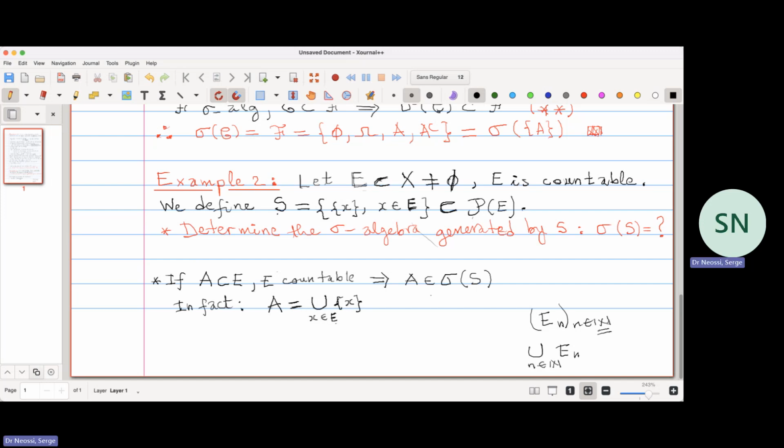So what does that mean? It means that since this singleton x is in S, S is contained in the sigma algebra generated by S, right?